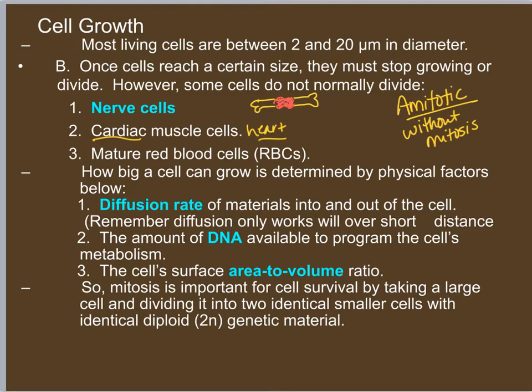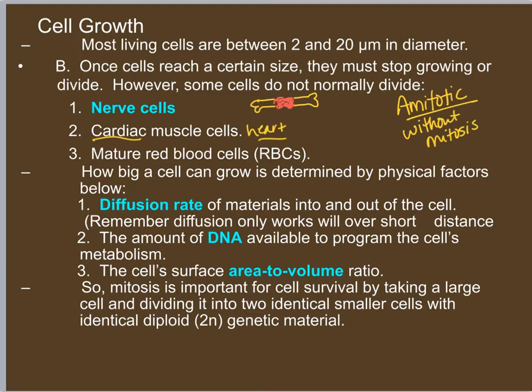So anyway, all these things, the cell has to grow before mitosis can occur. And mitosis is one of the primary cellular reproductions that we're going to be talking about. Mitosis is important for the cell to survive because it takes one large cell and divides it into two identical smaller cells.